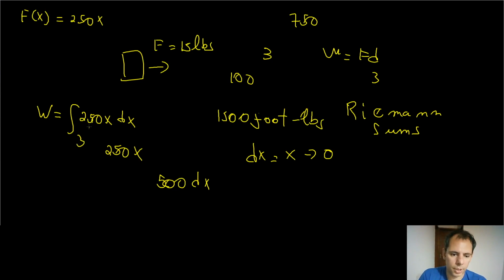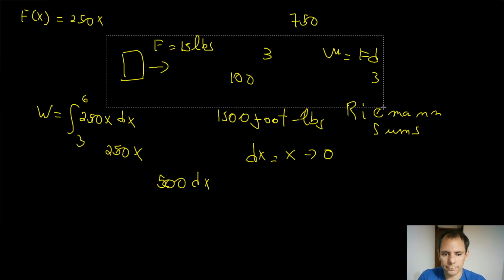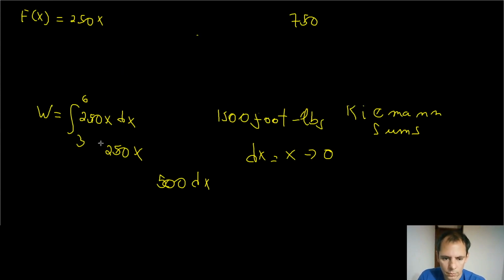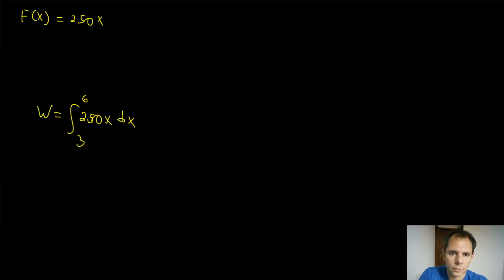So you go from 3 to 6, right? So let's do that. Integrating that, you're going to get 250x squared divided by 2, 125x squared, from 3 to 6.